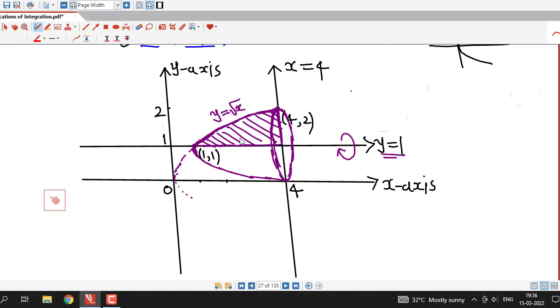Now to find out the volume of this solid, we have to consider the cross section of this solid perpendicular to its axis of rotation.